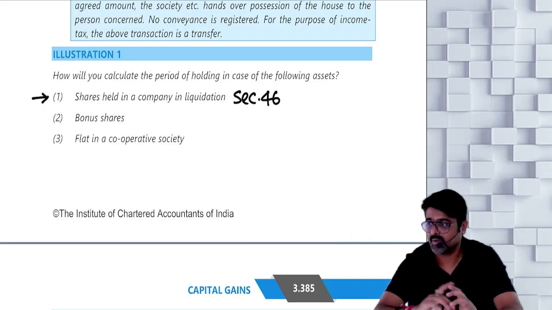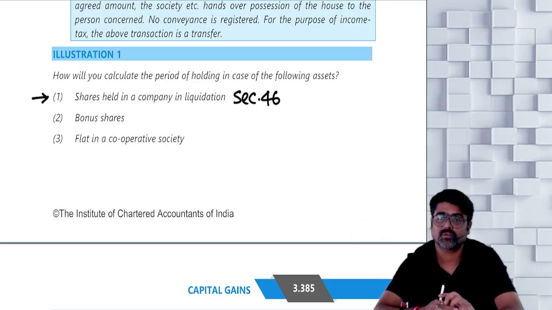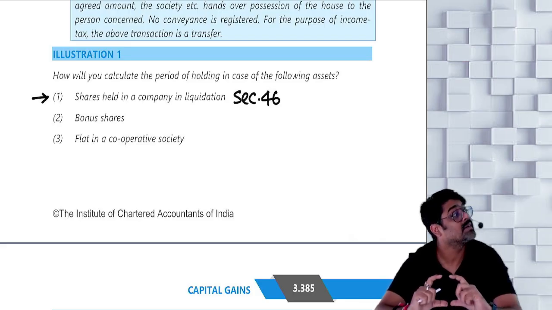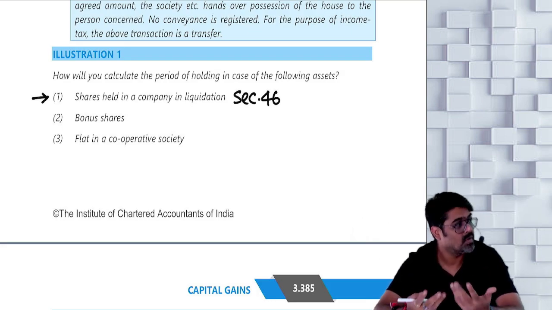Understood? How will you calculate the period of holding of a flat in a cooperative society? There is a flat in a cooperative society. So will you buy that flat? Yes. But you will not become the legal owner. But still that flat will be registered in your name. As on the date of registration, you get that right of ownership.